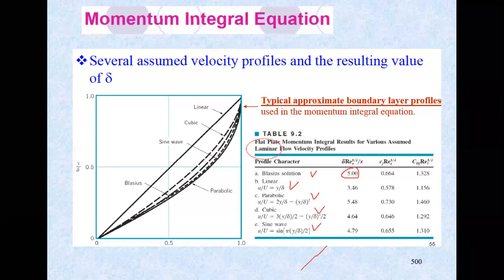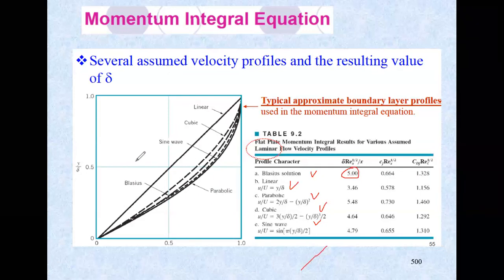Which one is the right one actually depends on the velocity profile that actually occurs for your flow. So all of them are correct, because some of the flows will follow different velocity profiles.